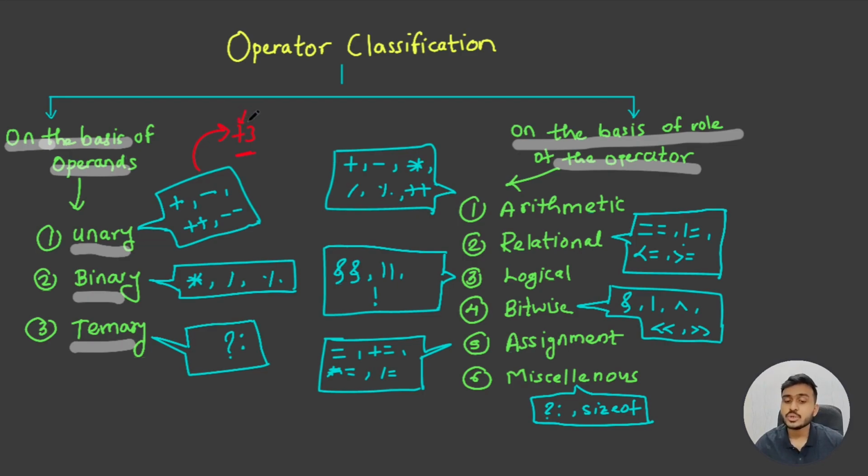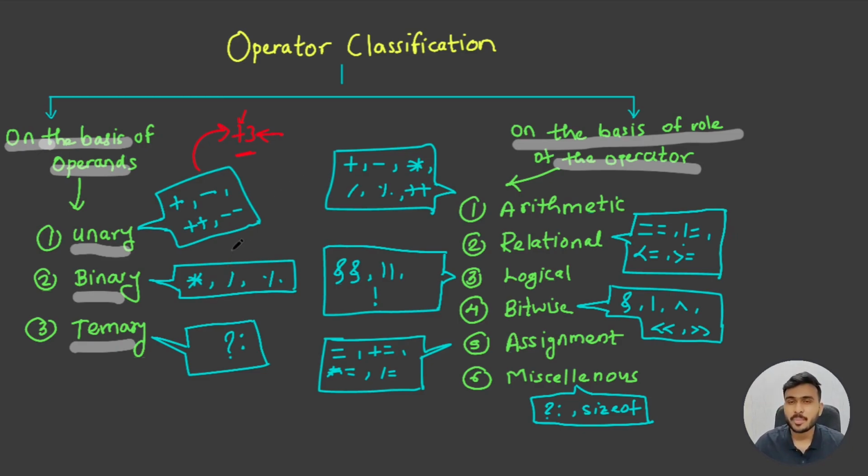This plus is the unary plus operator. I'll describe all these operators in more detail later. Right now, just understand that this plus is the unary plus operator, and we have just a single operand, the 3. Such operators are called unary operators: operators which need only one operand to operate.